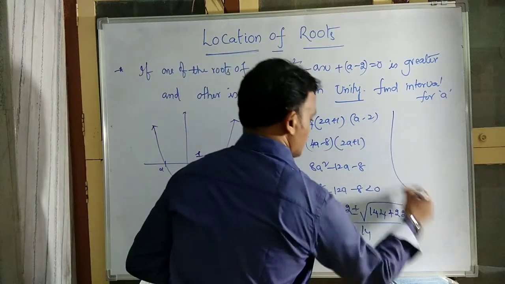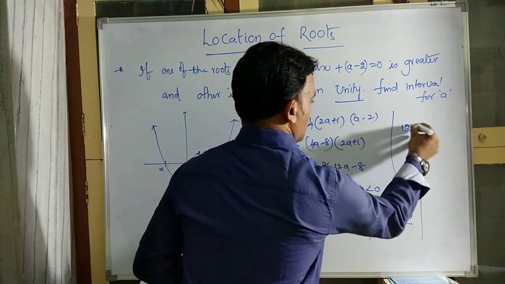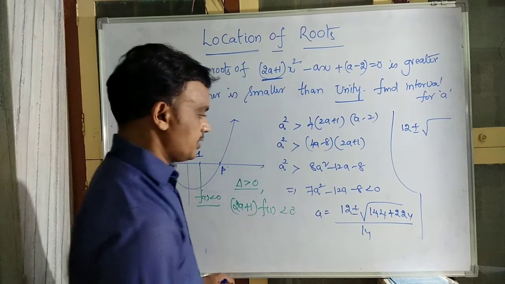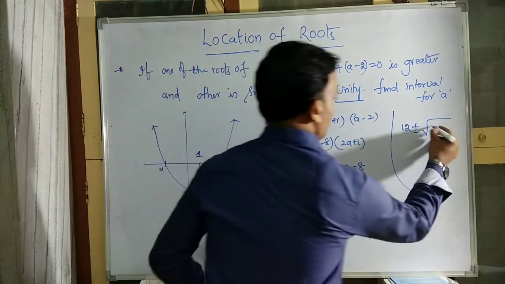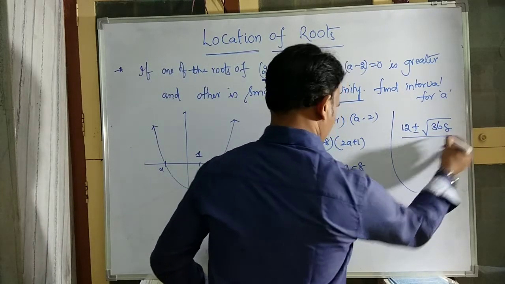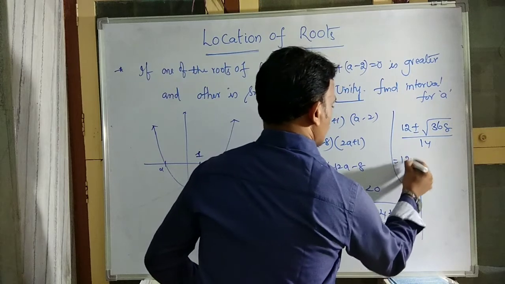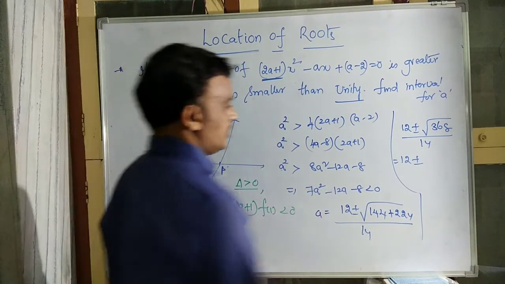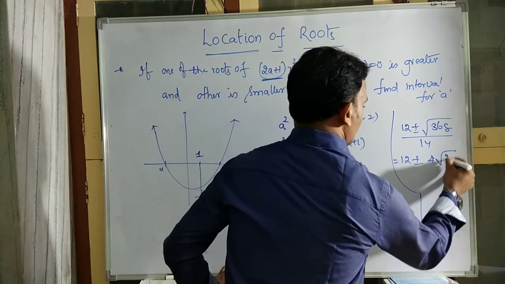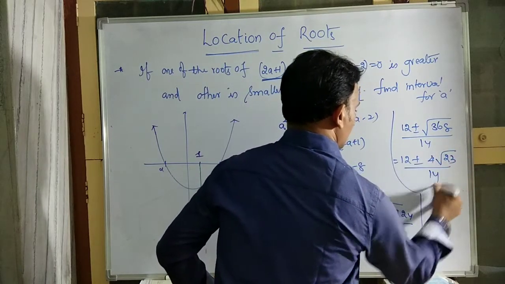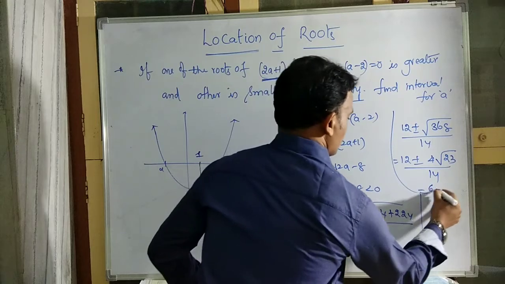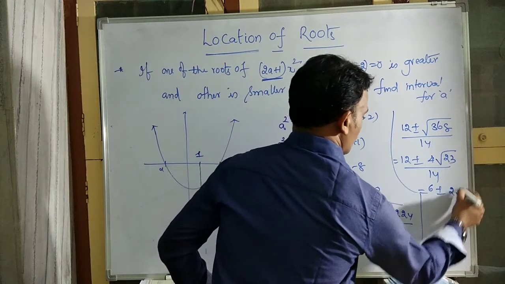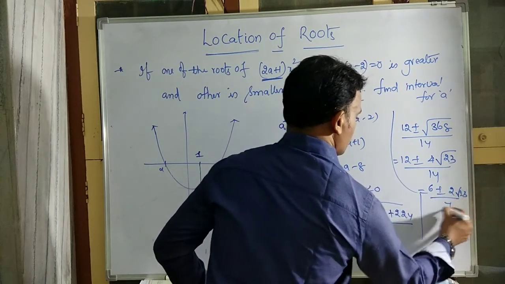First of all, simplify this, which is 12 plus or minus root of 368, by 14. 368 is 16 times 23, which is 4 root 23 by 14. So can I write like this? 6 plus or minus 2 root 23 by 7.